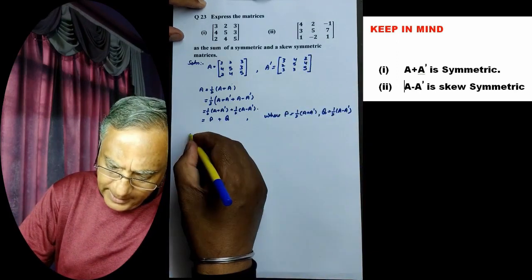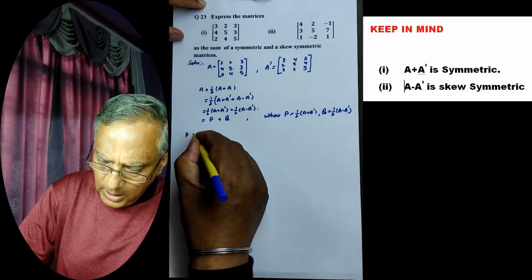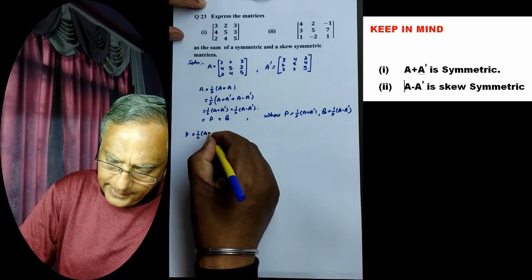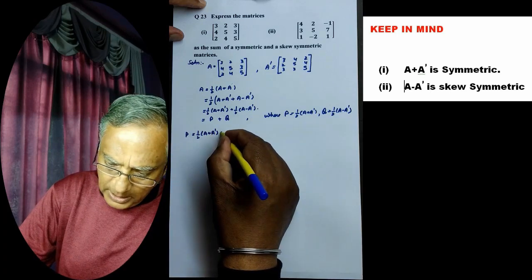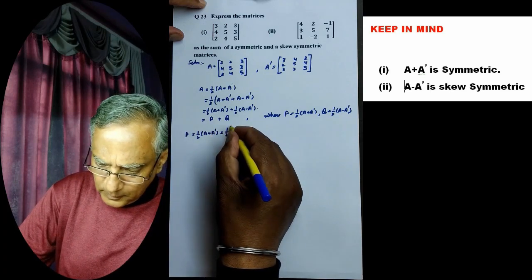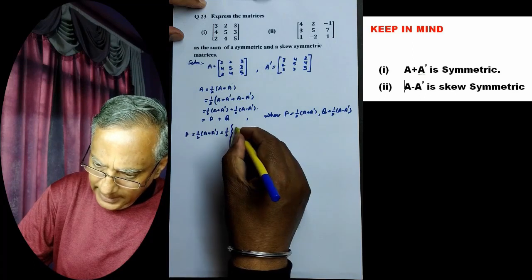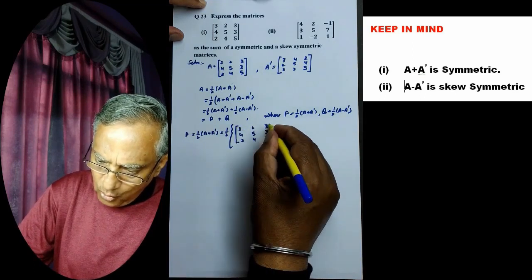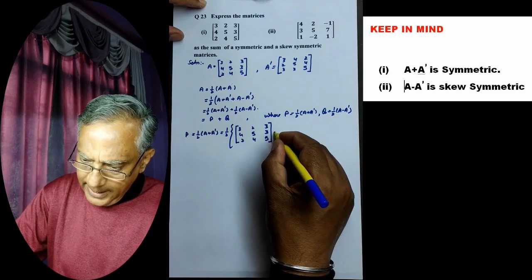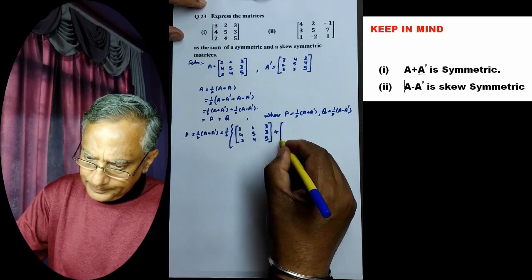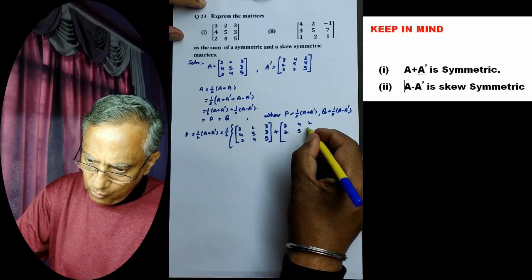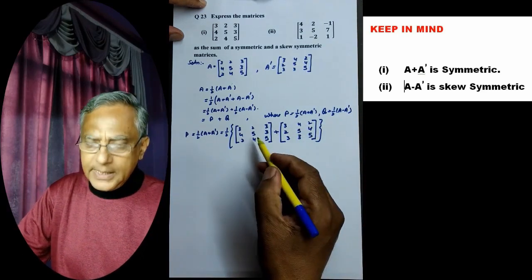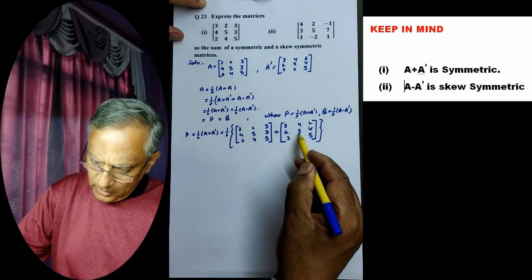So we can write P is equal to half of A plus A dash. This is equal to half of, now A is plus A dash. So this is A and this is A dash.